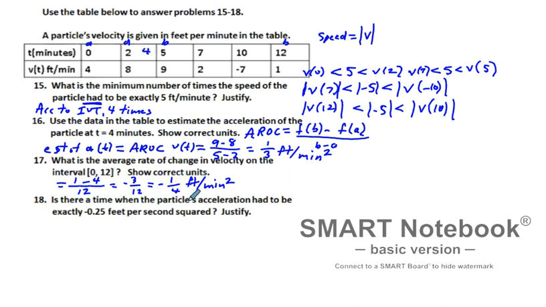And is there a time when the particle's acceleration had to be exactly -0.25 feet per second squared? Justify. Yes, because we did number 17 properly and found that to be -1/4 feet per minute squared. So we say yes.